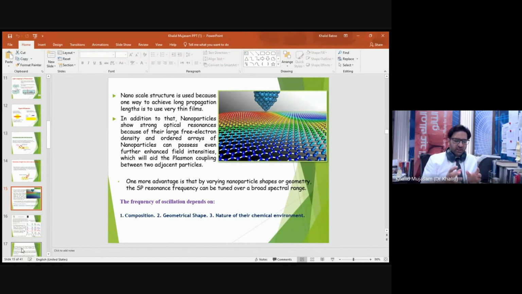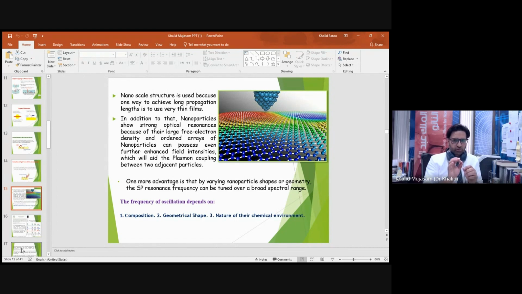Since we are designing these nanostructure materials, they are very small, and the thin films we design are of nanoscale. Those nanoscale particles are more feasible to attract the light when their energy or wavelengths match. For a longer propagation length, we use very thin films.